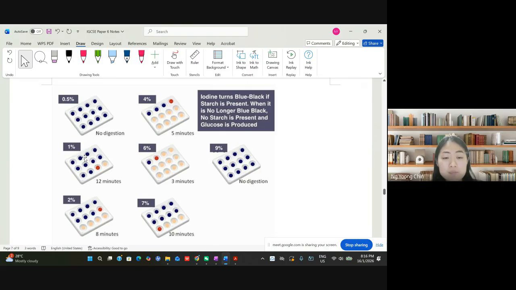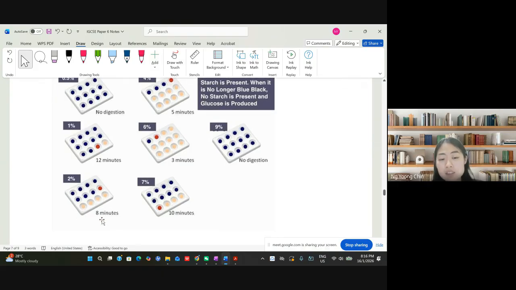If you want to compare 1% to 2%, very obviously the 2% one, even though it uses less time, 8 minutes compared to the 1% with 12 minutes. So that's why you can see the color. Initially it's blue in color. Why is it initially blue? Because inside they have the starch.